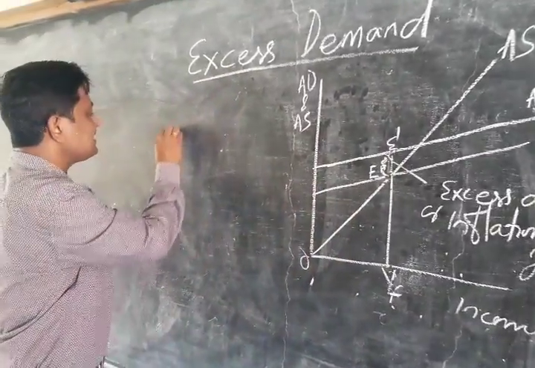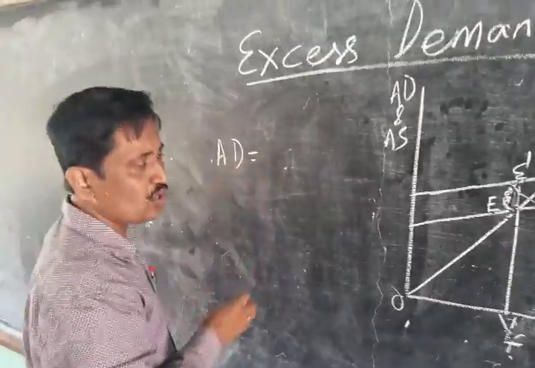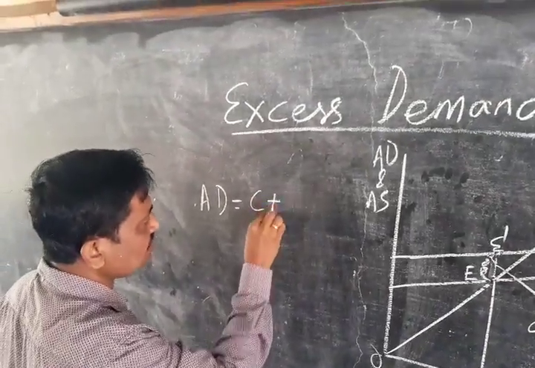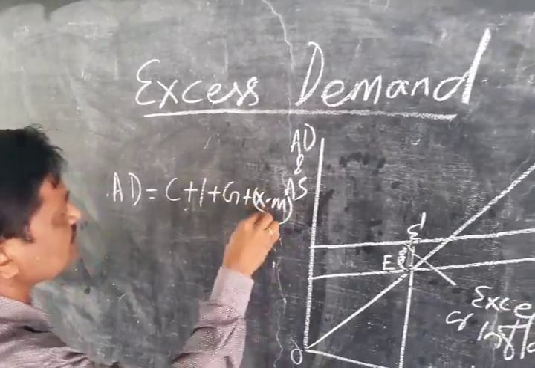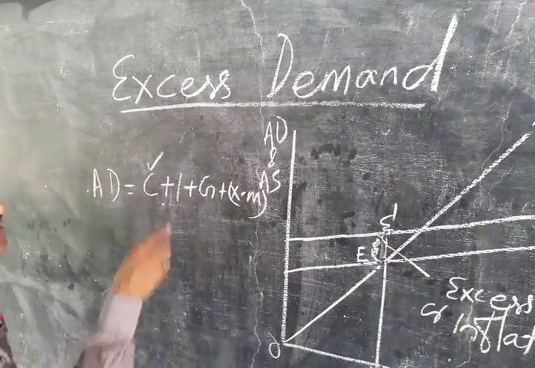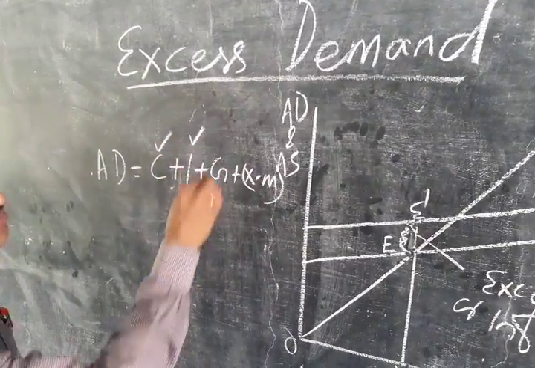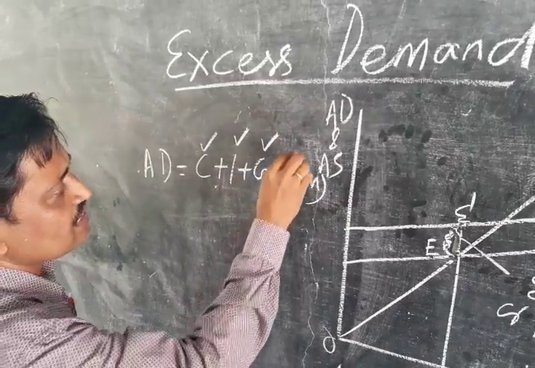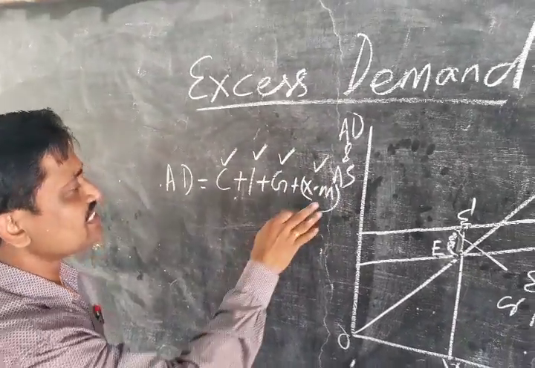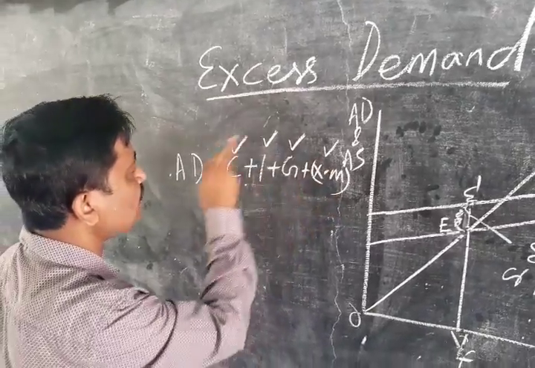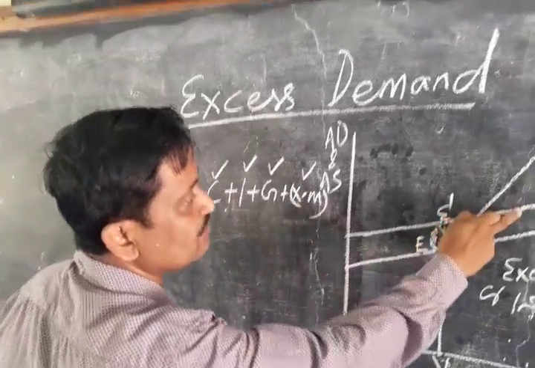Now you know that aggregate demand has four components, that is C plus I plus G plus X minus M. C means consumption demand, I means investment demand, G means government demand, X minus M means exports minus imports, that is net export. If any of the components rises, then aggregate demand will rise.